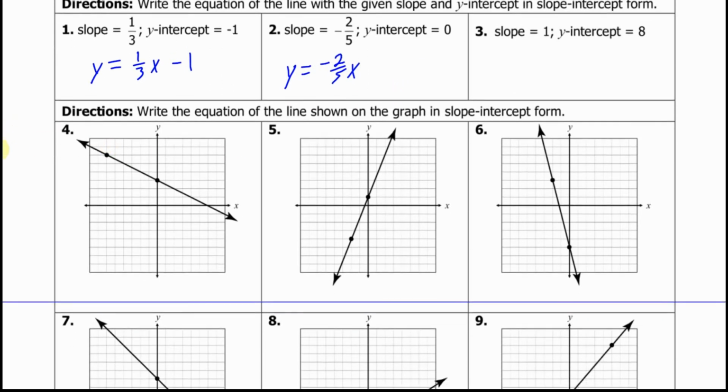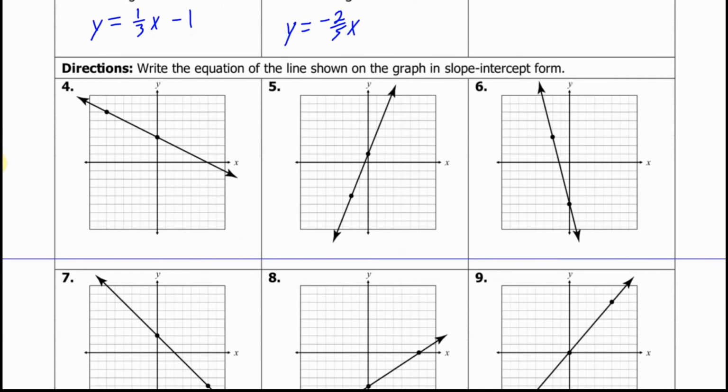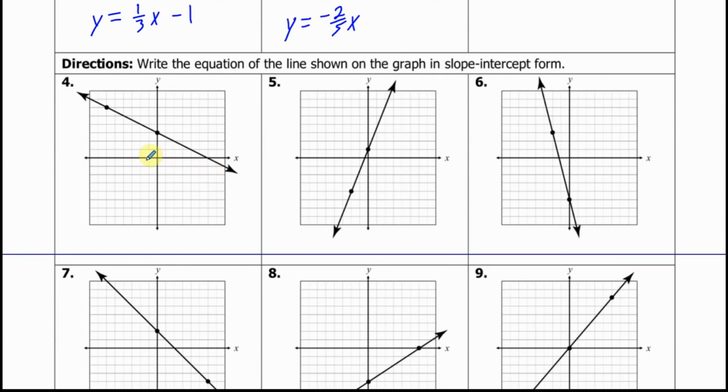Okay, and we're going to look at review a couple with a graph. So write the equation of this line, same format, y equals mx plus b. All right, so the first thing I need is m, I need the slope. So we're going to use these 2 points. They have them clearly marked. And all I have to do now is calculate rise and run. So I'm going to go down 1, 2, 3.